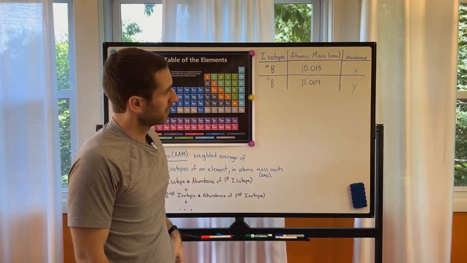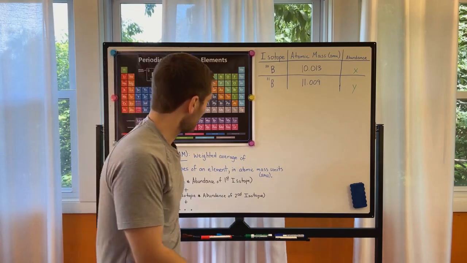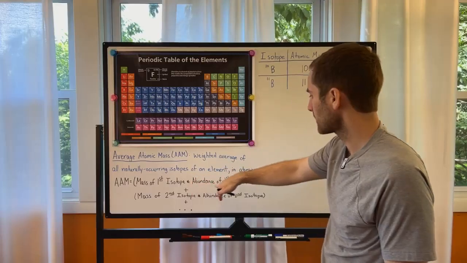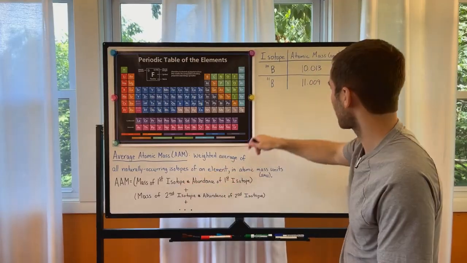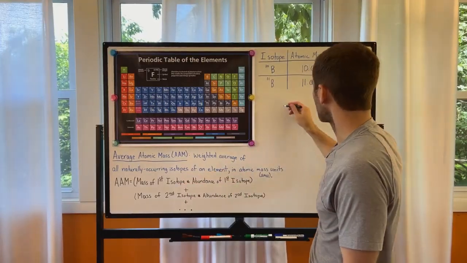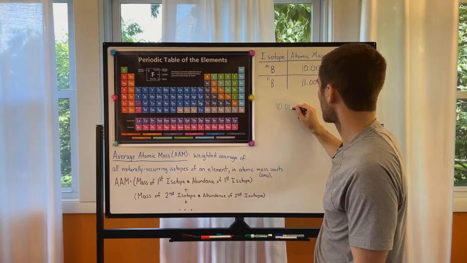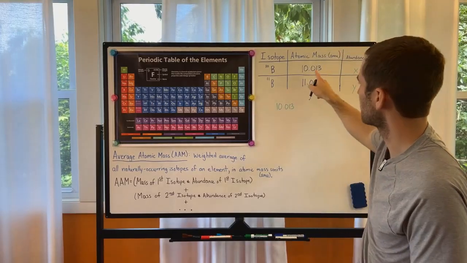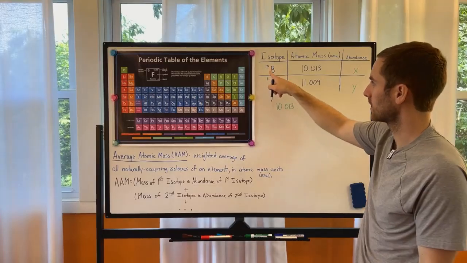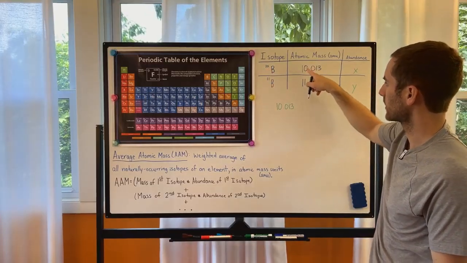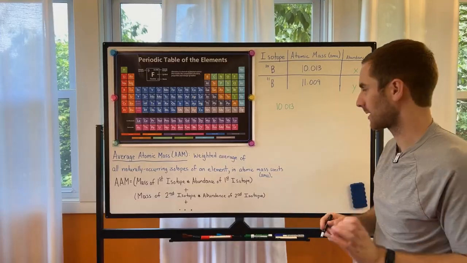If those are their abundances, then according to my equation, the average atomic mass would be equal to the mass of the first isotope, 10.013, which is the mass for boron 10. Remember, the mass number is approximately the atomic mass of that isotope, but maybe not exactly.